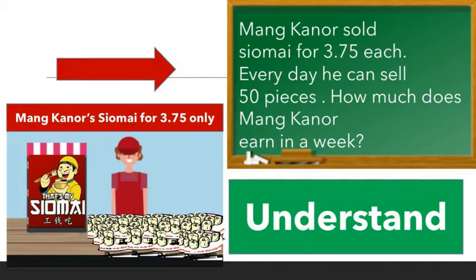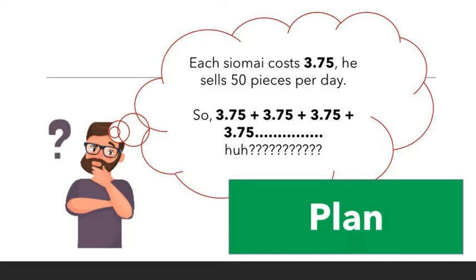So, what's next? Plan. How do you calculate when you want to know the amount of income according to its quantity? If each siomai costs 3 pesos and 75 centavos, he sells 50 pieces per day. 3.75 plus 3.75 plus 3.75 plus 3.75.